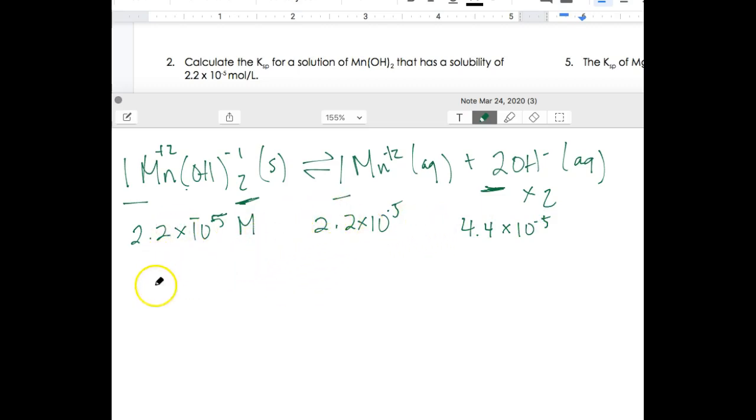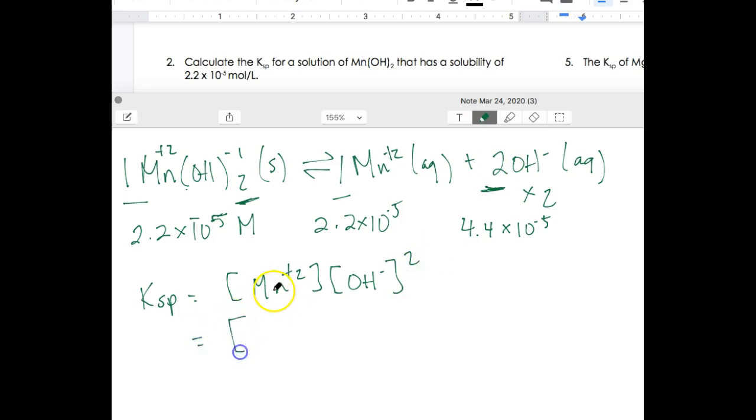Now what you're going to do is set up your expression, which is products over reactants, but remember solid is not included because that's the rule. It's already constant in the reaction, right? And then OH negative to the 2 power.